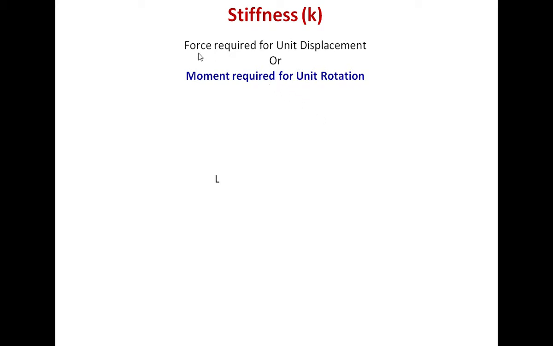Before moving further, we should understand some basic concepts. First of all is stiffness. Stiffness by definition is the force required for unit displacement, or it is also defined as the moment required for unit rotation.